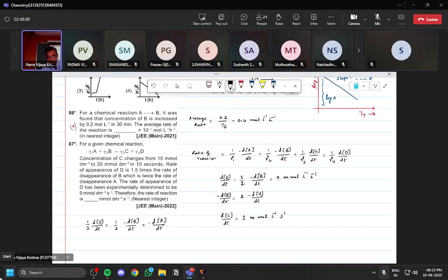Correct? Right? Correct or not? Now dD by dt is 9, then 1 by 3 dD by dt is 3. So all of them are equal to 3 millimole per liter per second. Response, sir.